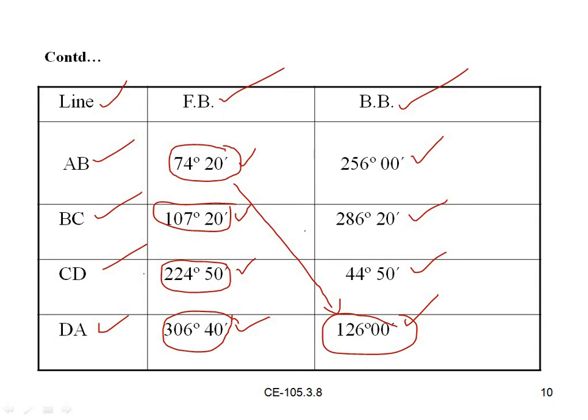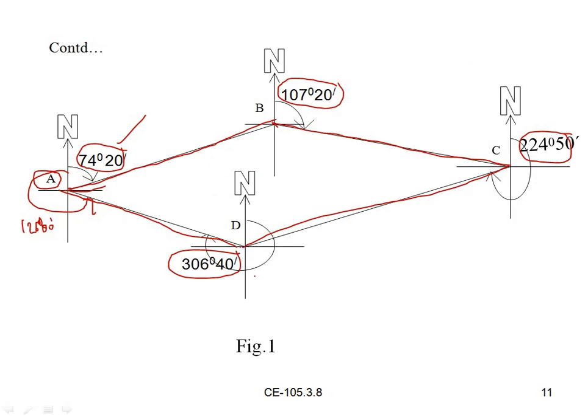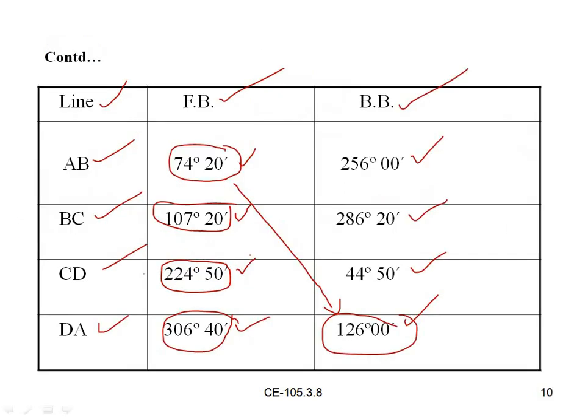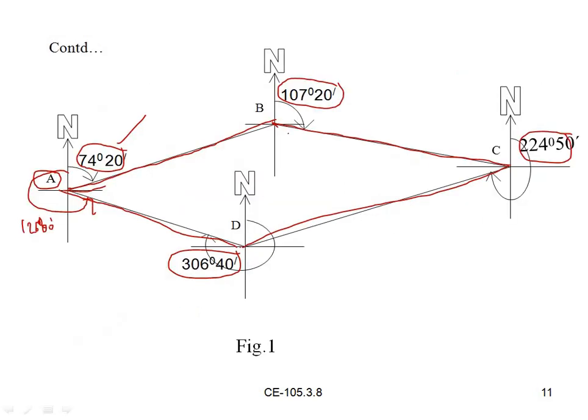So for BC, let us see here. For AB, again it will be going back. So for the next here, AD is completed. Next you can see 256 degrees, that is of BA.